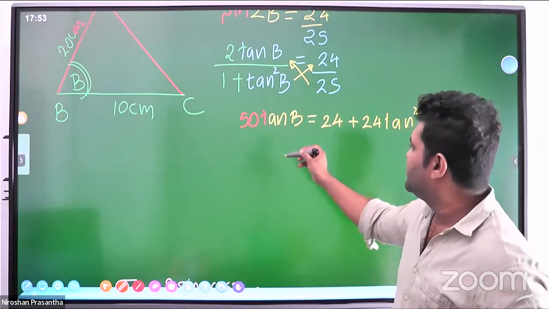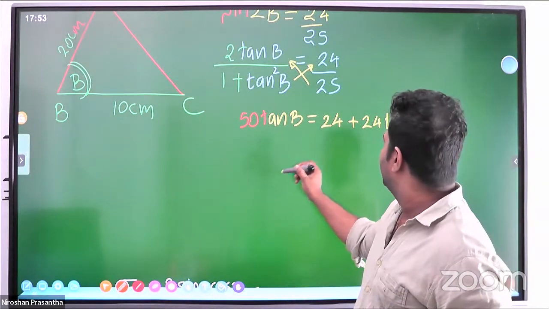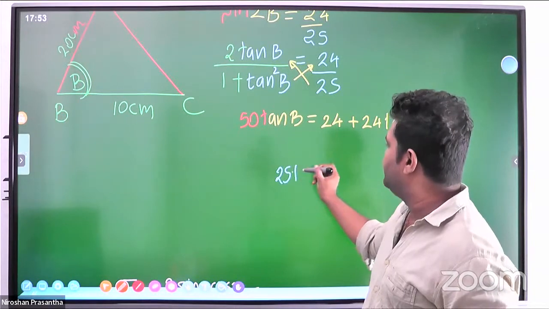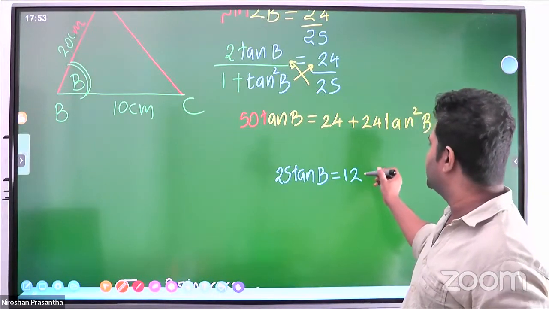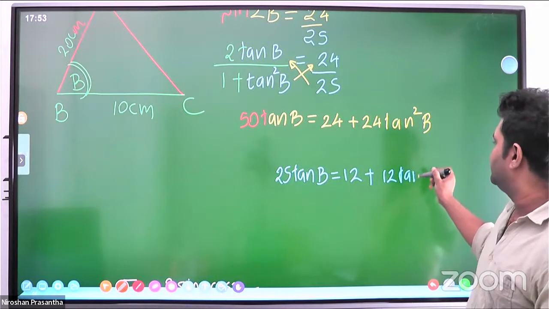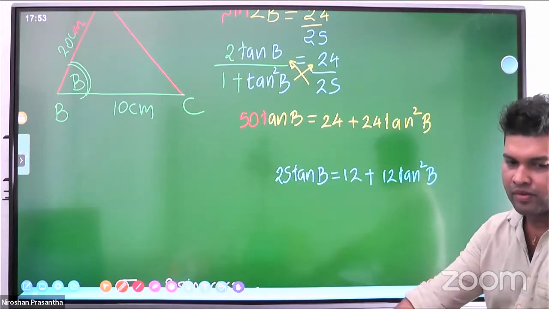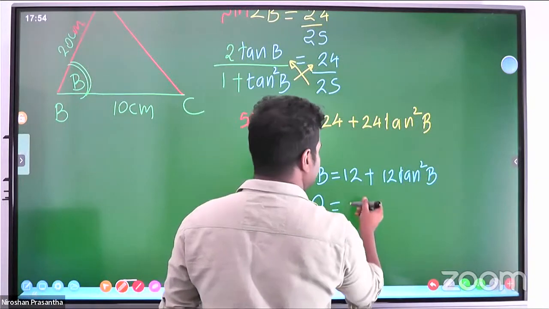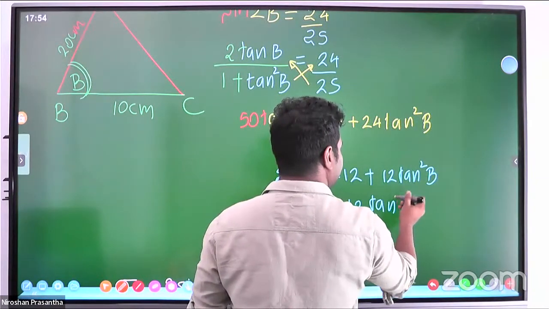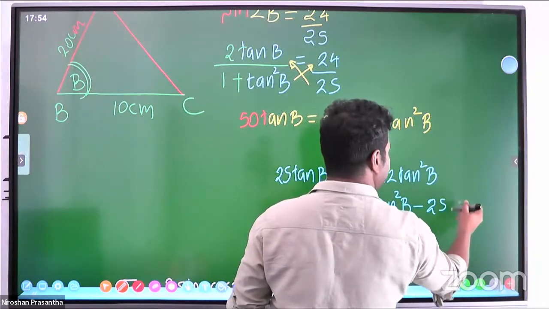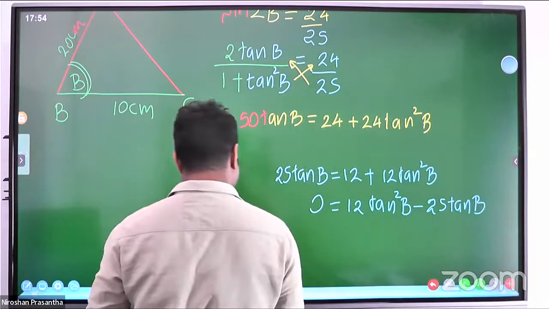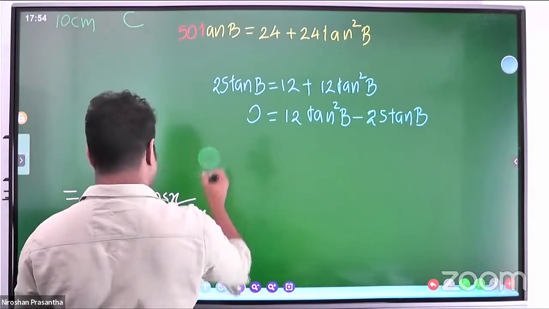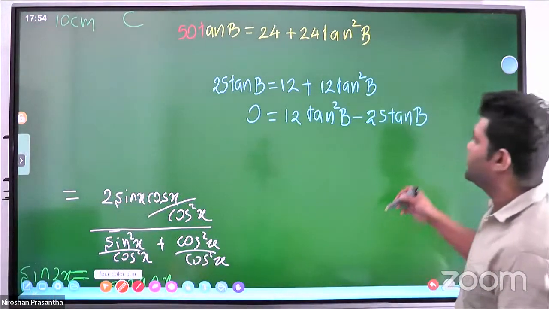So 50 tan B. Now you can divide by 2. 25 tan B equal 12 plus 12 tan square B. So 0 equal 12 tan square B minus 25 tan B plus 12.